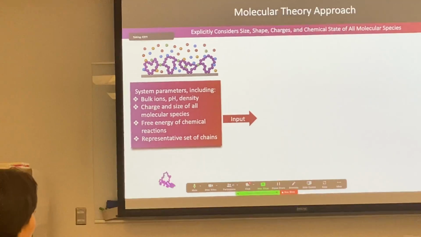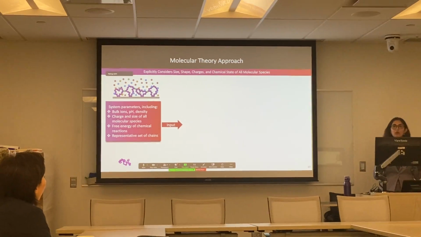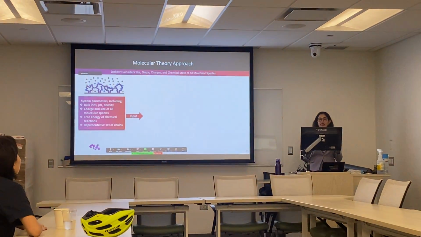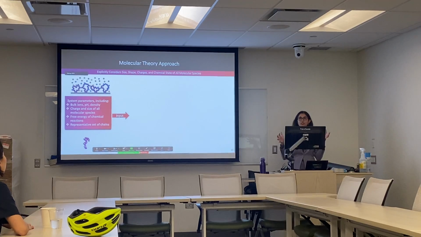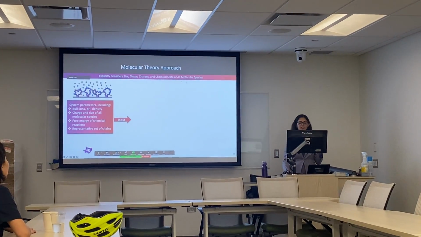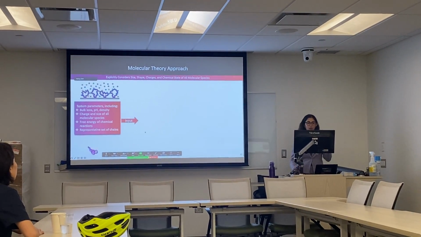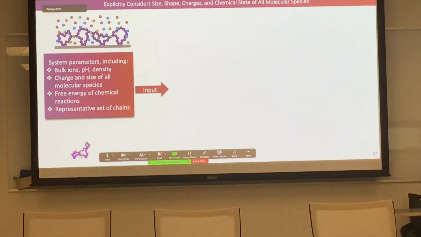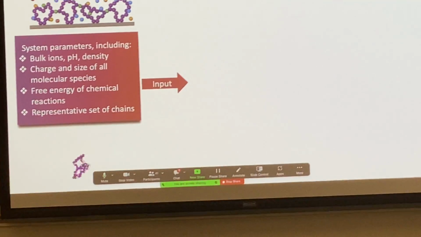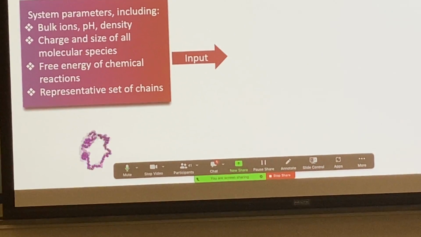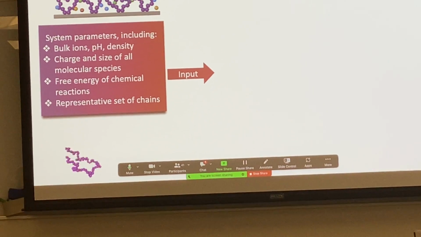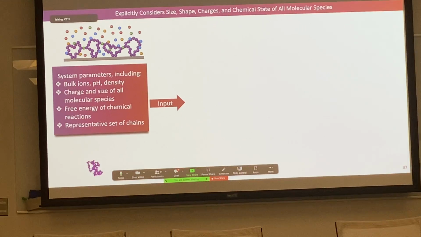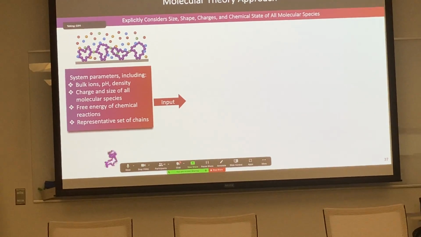And this representative set of chains is very important because what the molecular theory does is that it determines the probability distribution of all input conformations. So for example, you can see on the bottom here, we've generated a distribution of DNA loop chains by performing molecular dynamics simulations, and we've performed them so that we have a range from more extended to more collapsed conformations.